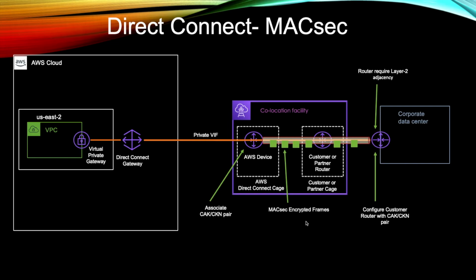Keep in mind that data is not encrypted end to end. In an IPsec VPN tunnel, which you can create over the public virtual interface for Direct Connect, it encrypts the data from the corporate data center to the region where the VPN connection ends. But in this case, data is encrypted only between these two devices.